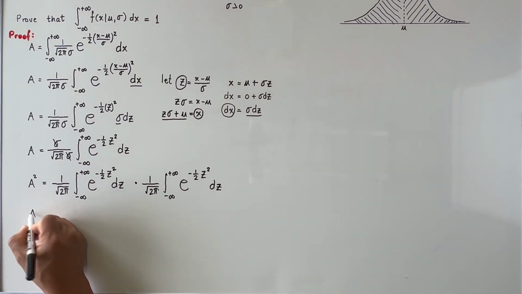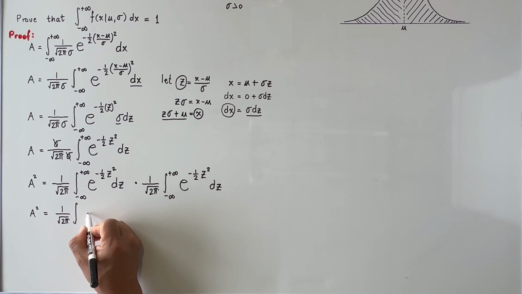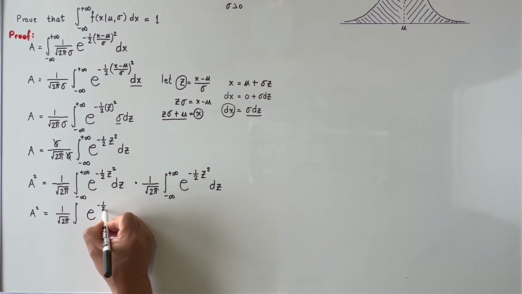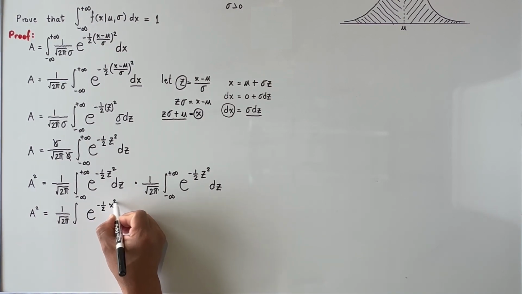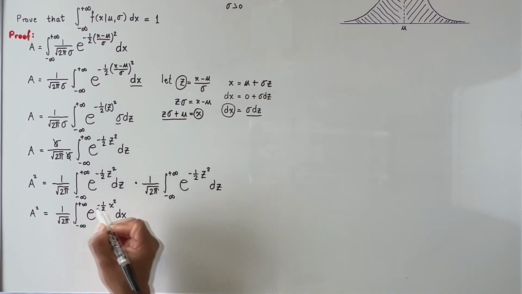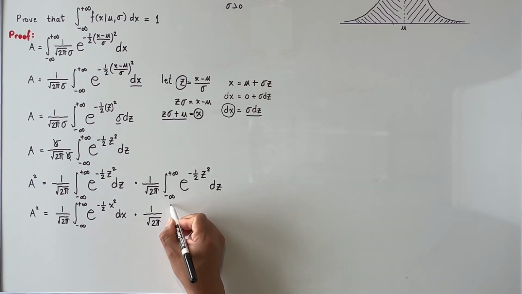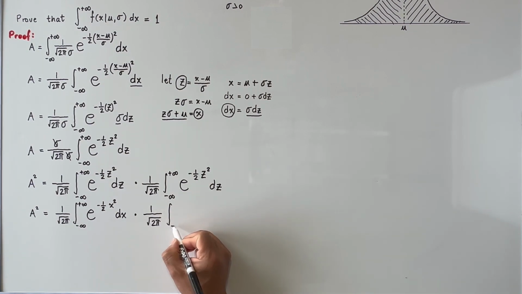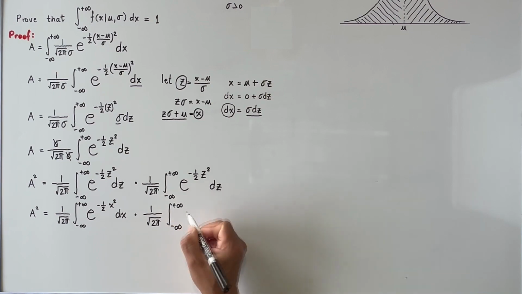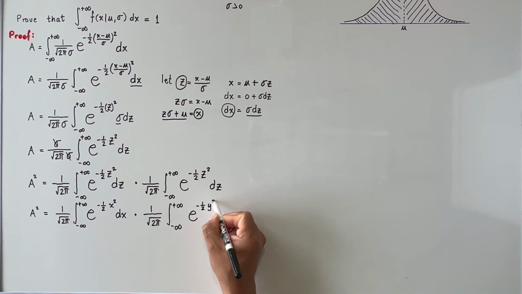So we have A squared, which is equal to 1 over the square root of 2 pi times the integral of e to the power negative 1/2 of x squared dx from negative infinity to positive infinity, times 1 over the square root of 2 pi multiplied by the integral from negative infinity to positive infinity of e to the power negative 1/2 of y squared dy.